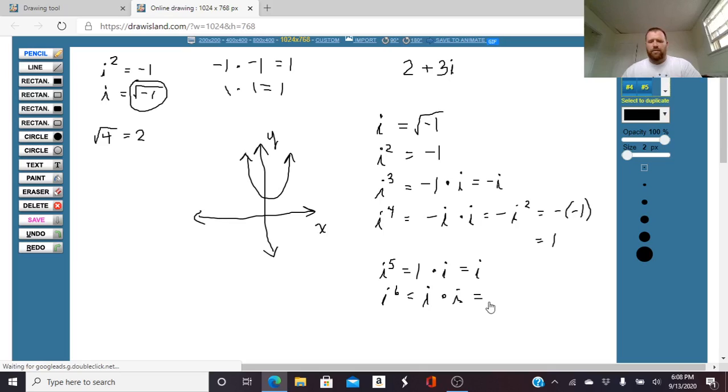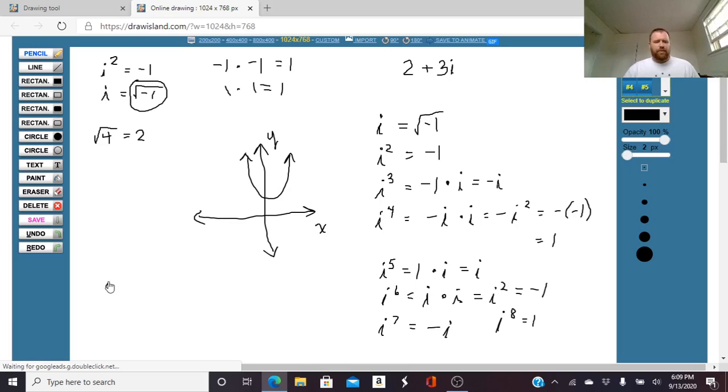So you get i squared, so you get negative 1. And you'll see this pattern starts to repeat itself. So we have i to the 7th power is negative i, and then i to the 8th power is 1 again. So every fourth power of i, the cycle will repeat.